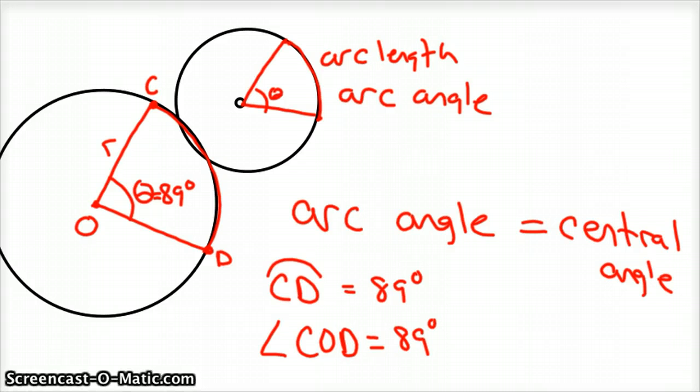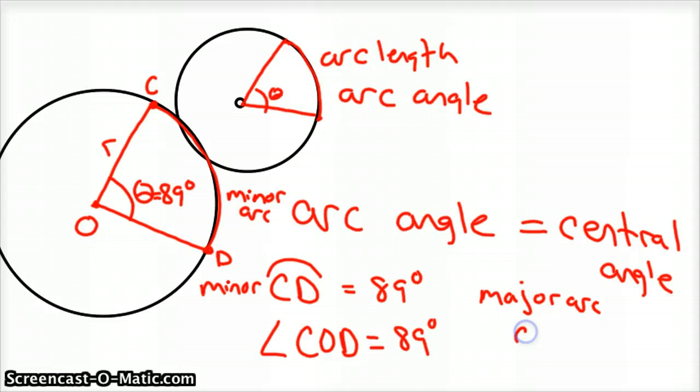You also have this. This angle happens to be what's called the minor arc because it covers part of the circle. You could also have the major arc. So this is the minor arc, CD. You could also have the major arc for CD. And typically that's why you want one other point on the circle somewhere.